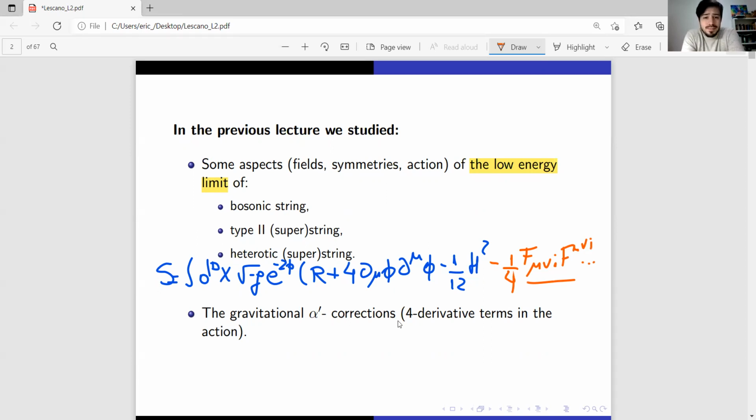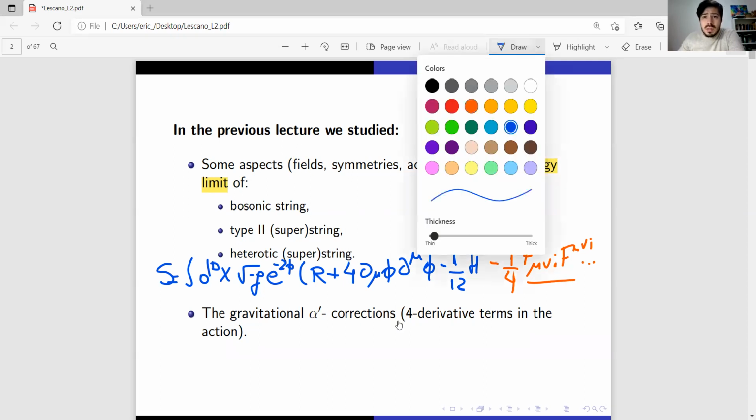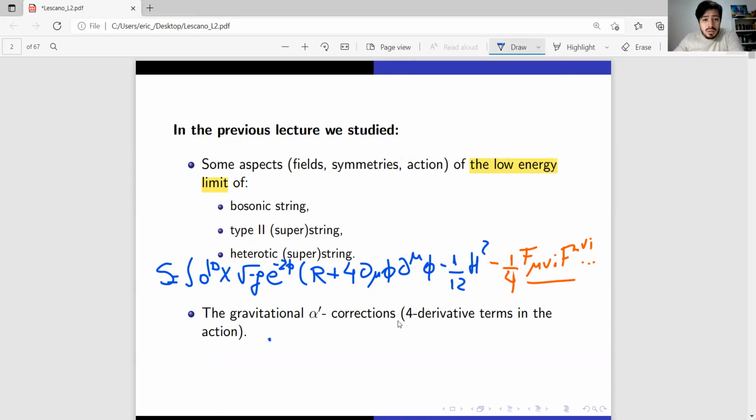but this extra term will be important for us today, as you are going to see. About the alpha prime corrections, we have different ways to compute these higher derivative corrections. In the previous lecture, we talked about scattering amplitudes. We can compute amplitudes in order to obtain these extra terms. These amplitudes are related to interactions in string theory.